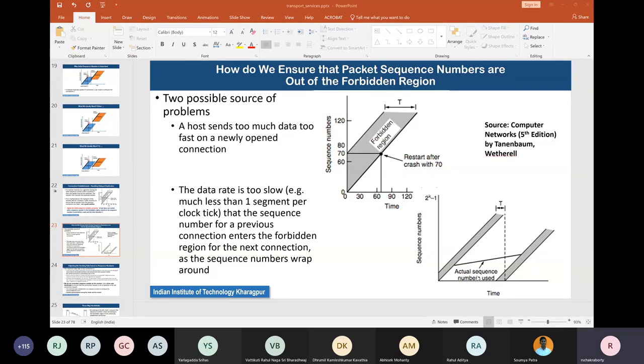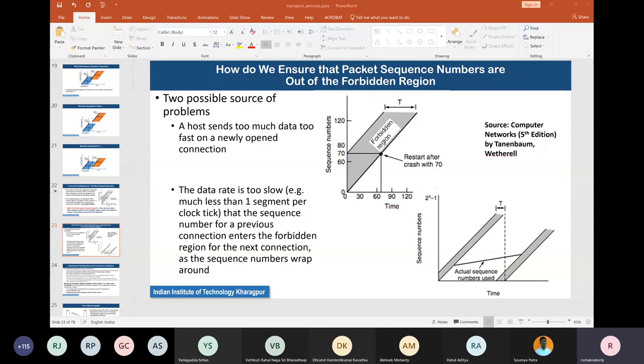Now, how to solve it? The way to solve it is: don't release segments so slowly. Release segments slightly faster so that the slope of this straight line will increase. But even if the slope of these straight lines increases, it is inevitable that this straight line will meet the forbidden zone of the next connection at some point.